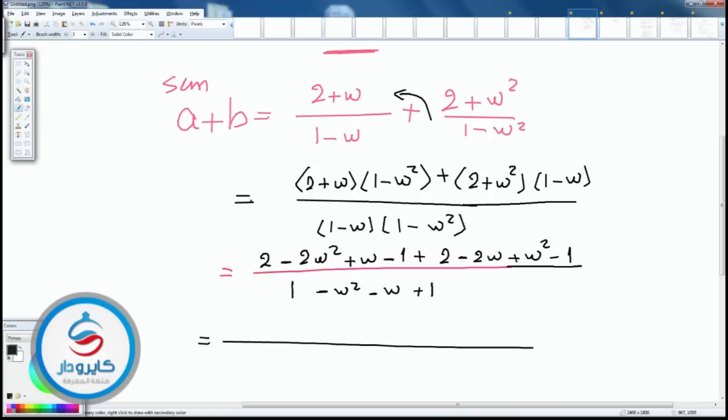That's equal to 2 omega square minus 2 omega minus 2. This is 0.